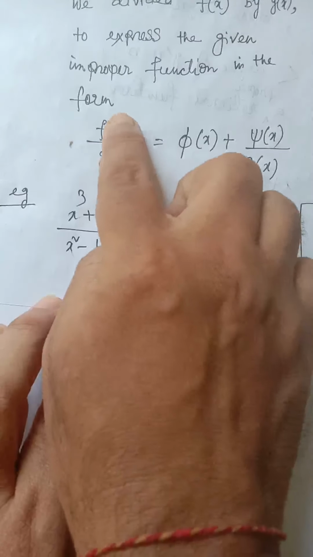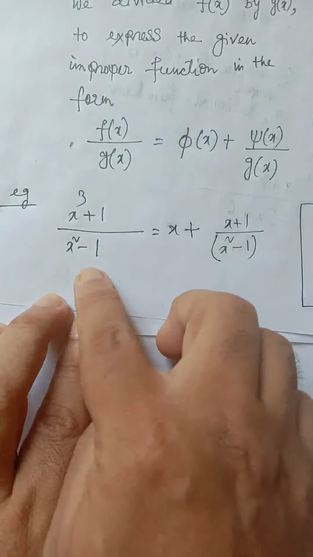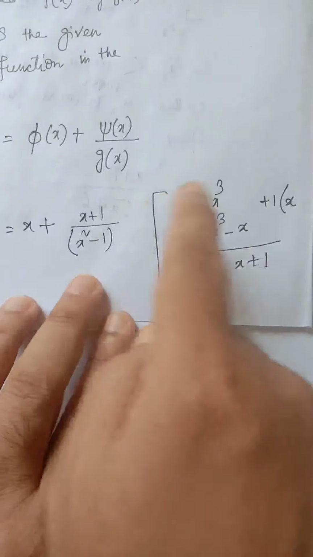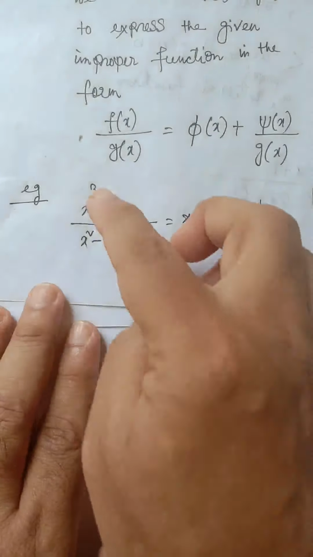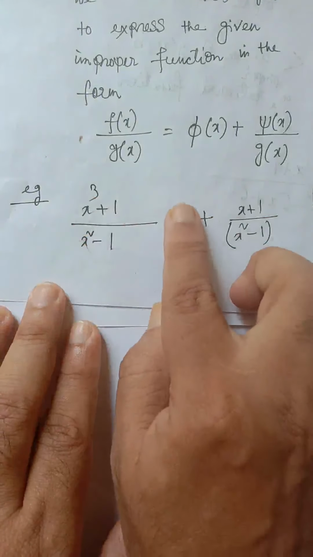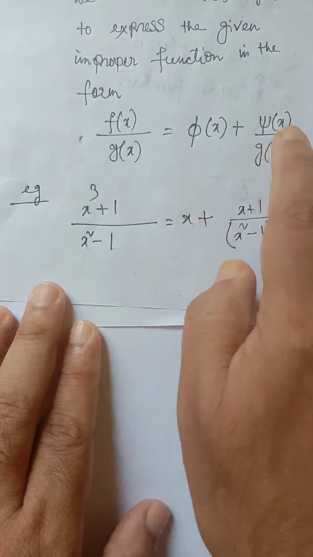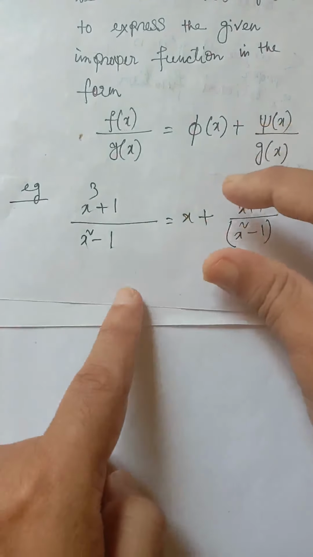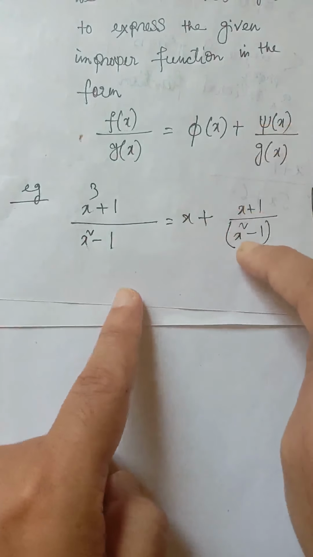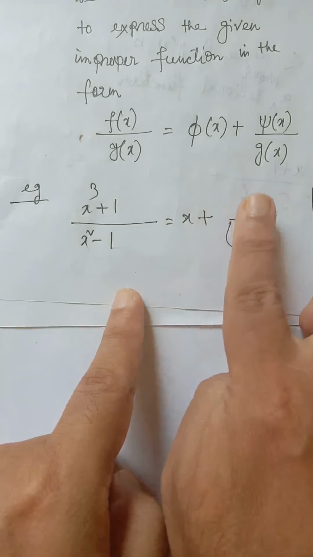So how do we express (x cube plus 1) by (x square minus 1)? It equals the quotient x plus the remainder (x plus 1) by the divisor. We can cancel this also, but this is the procedure. For an improper rational fraction, first we divide numerator by denominator in this way and express it as a polynomial plus a rational function of the form phi(x) by g(x), which is a proper rational function.